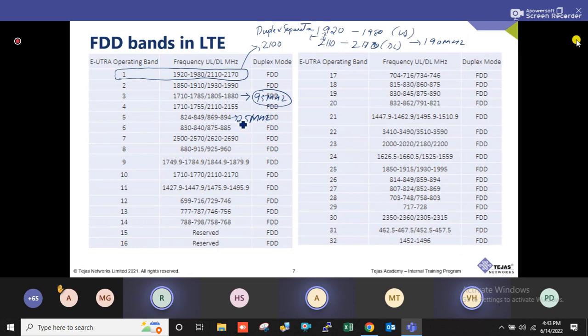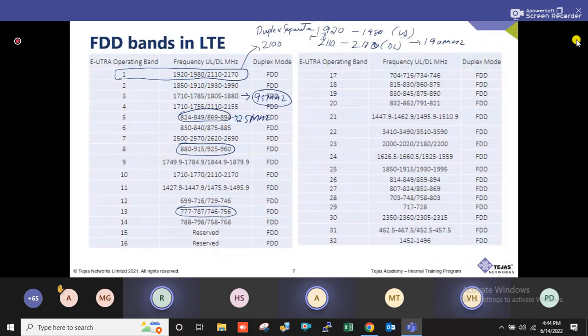So it is up to the country or the regulatory bodies what sort of spectrum they need to allocate. For example, in the US, they have gone with somewhere around, I think this particular band also, in Verizon. They also have the 800 band. They also have the 700 band.